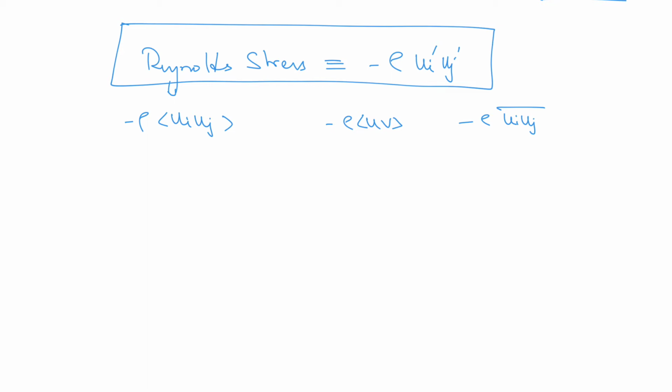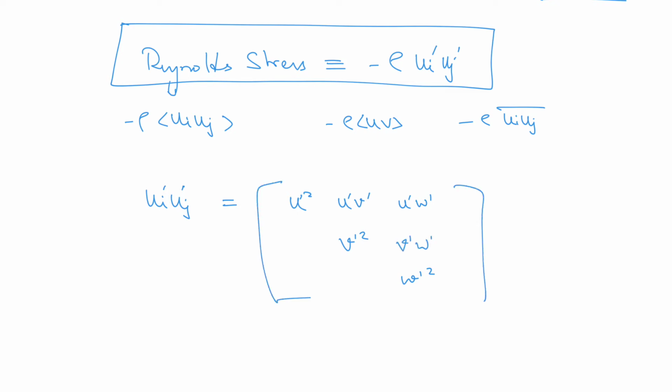The Reynolds stress tensor ui'uj' equals u'², v'², w'² on the diagonal, and u'v', u'w', v'w' off the diagonal. So we get a matrix which is a symmetric tensor.